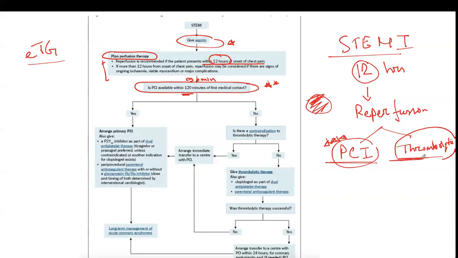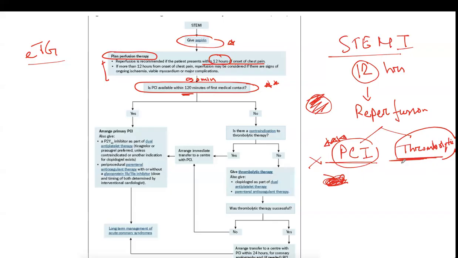So thrombolytic is usually done where PCI is not available, and to transfer the patient to a nearest center where PCI is available is more than 2 hours, then you don't wait because you need to do PCI within 2 hours of the medical contact. In that case, you choose the second alternative, which is thrombolytic treatment.